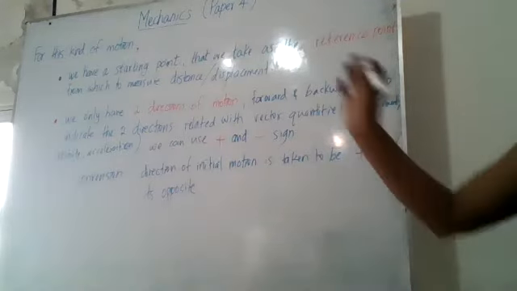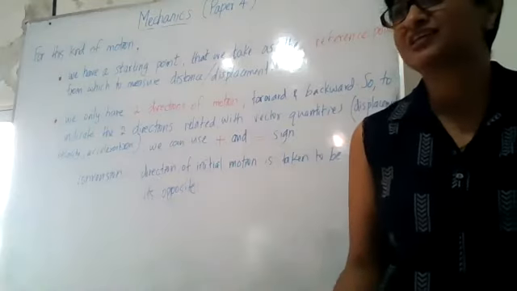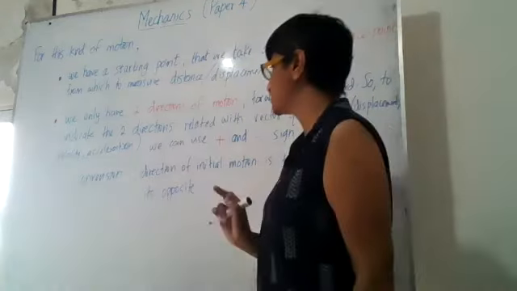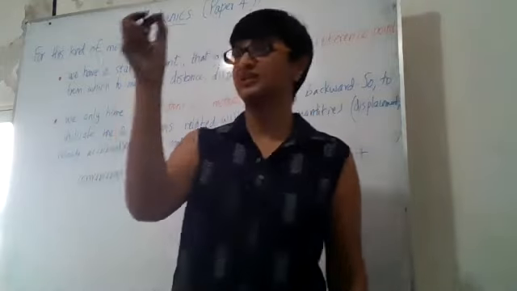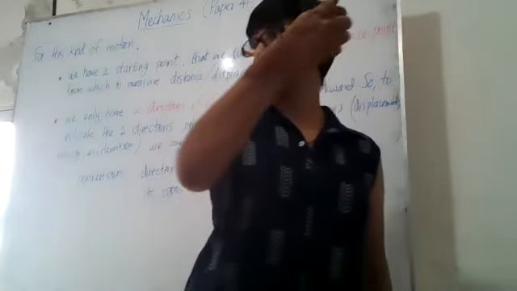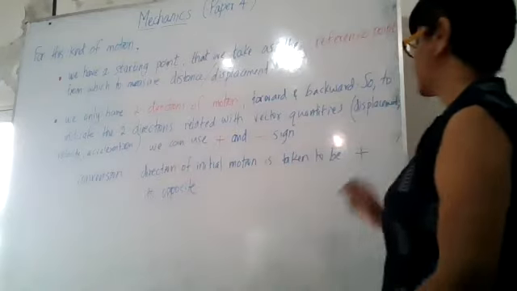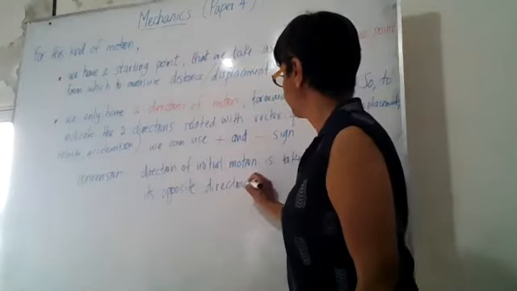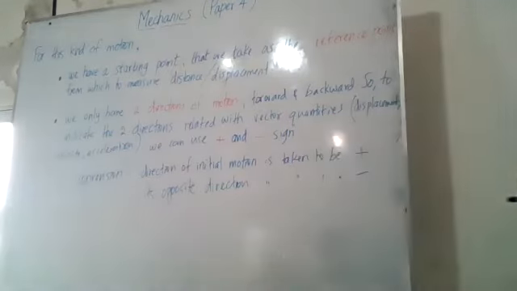I'm going to take this direction as plus, then the opposite direction is negative. But as a convention, so that we all stick to one way of taking things, if you are looking at an object moving in a straight line, the initial direction it moves you take as positive. So if it happens to come back later, that would be negative. Okay? That's a normal convention.